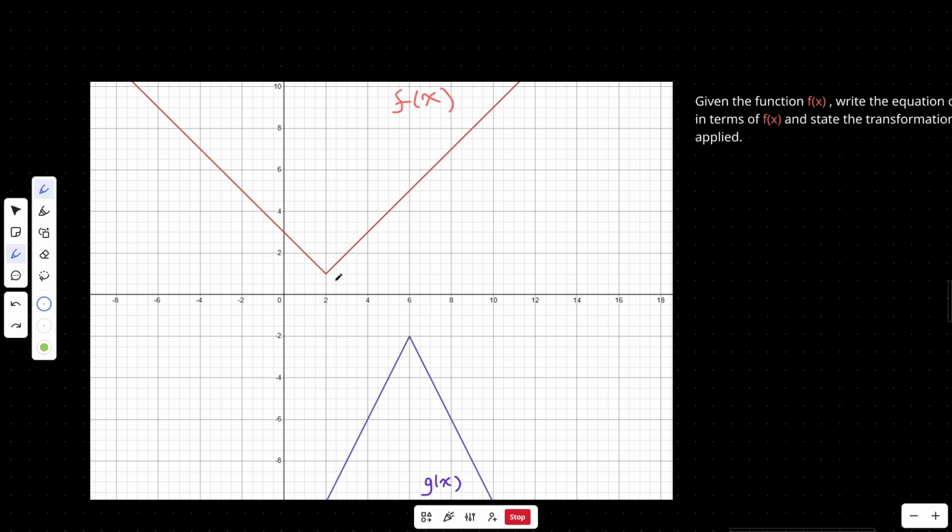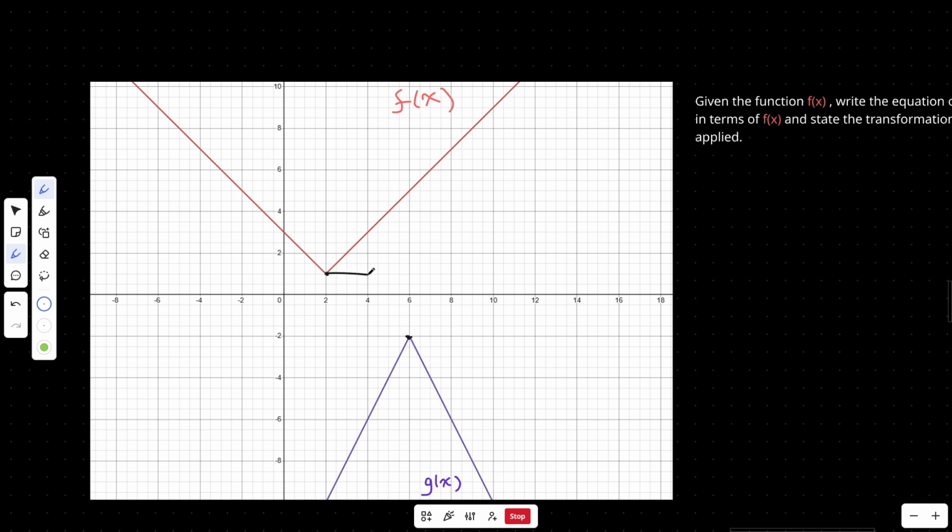So what we're going to do here, to do this method, is identify a point here. It's usually good to go with the main identifiable point. In this case, it's going to be the vertex. And what we're going to do is count out a set number of x. So let's say I wanted to pick the change in x to be 2.